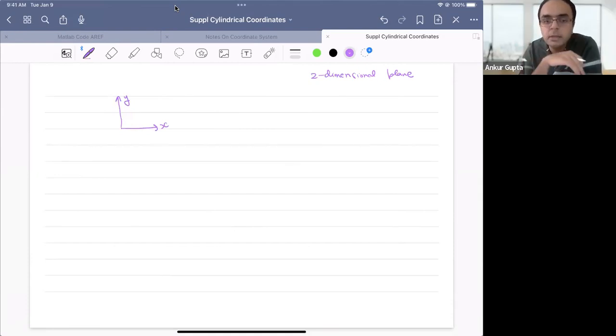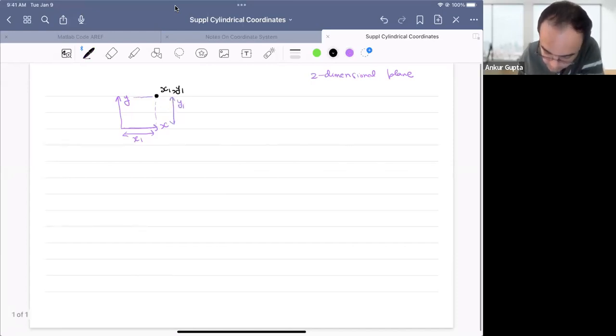If I have a point, let's say (x1, y1), then to reach that point we go x1 in this direction and then y1 in this vertical direction. This is how you will think about this.